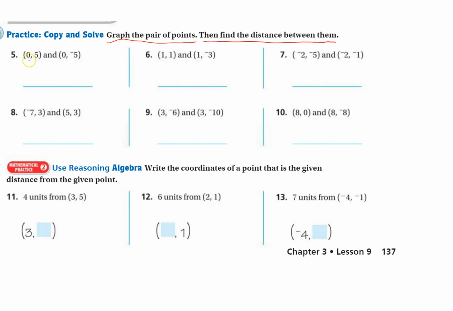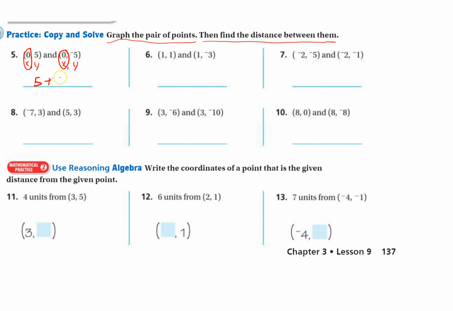Okay, let's look at number 5. So we have x and y. X and y. Our x values are the same, so I have to look at the y's. Now, these are negative and positive, so I need to add them together. And I need to add the absolute value.